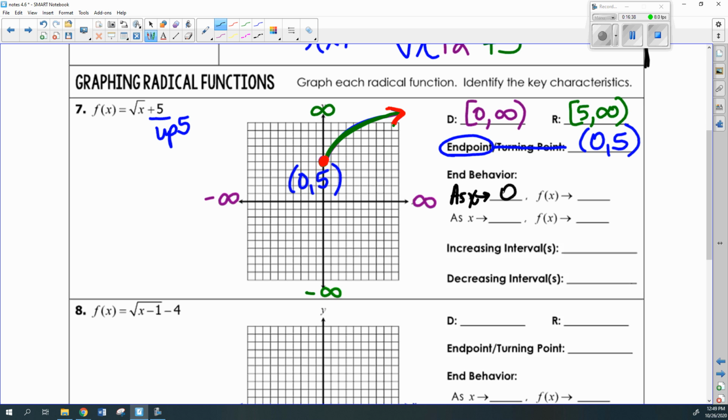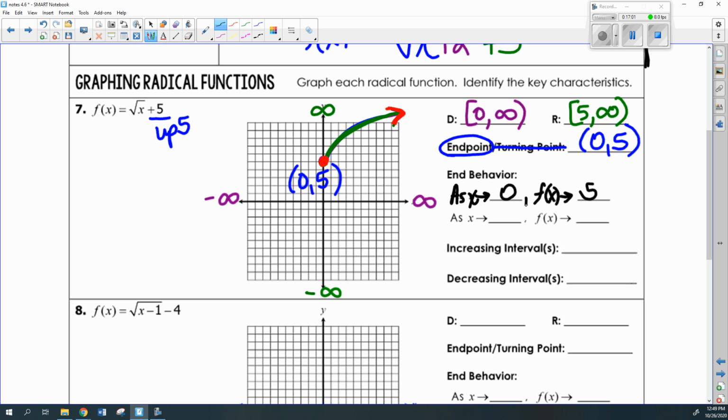Well, the x value of the endpoint is 0. f of x is the same thing as y. So then what is the y approaching? Well, that's the y value of the endpoint. So you need to make sure that you actually write that sentence out. You can't just put the numbers 0 and 5.